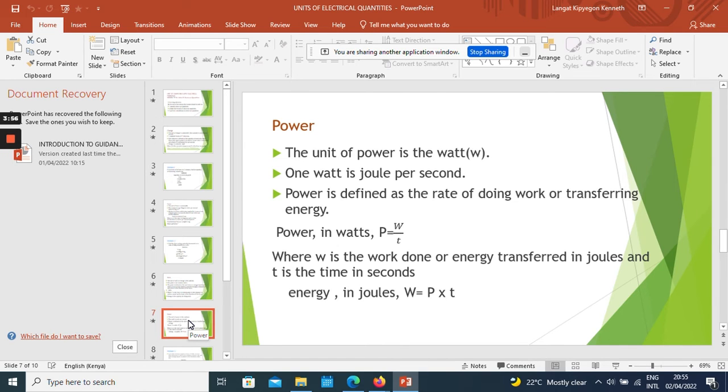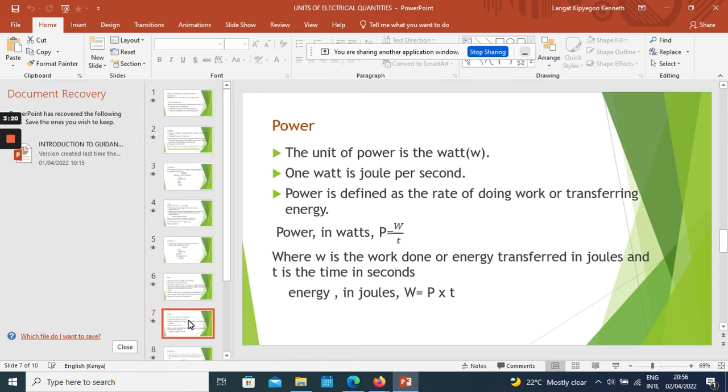We know the formula of power is given by work over time, as in W over T, as shown on the screen, whereby W is work or energy transferred in joules and T is time in seconds. So when we talk of work, it is the product of power and time.